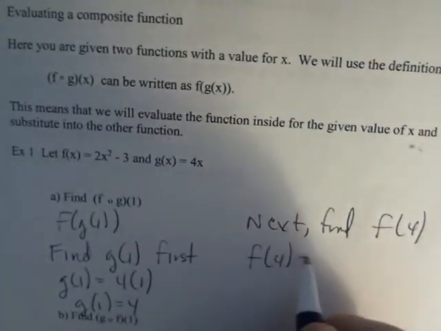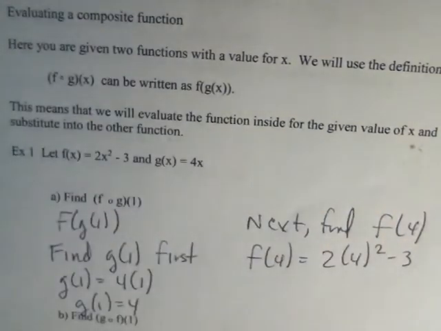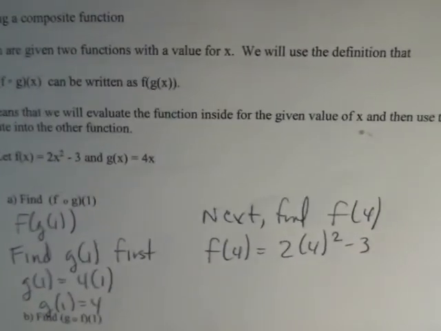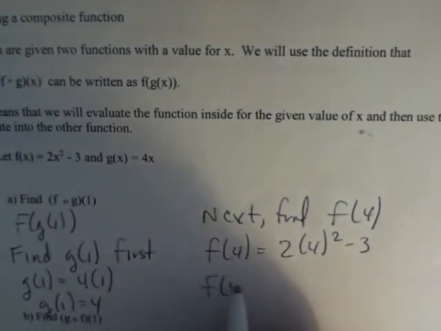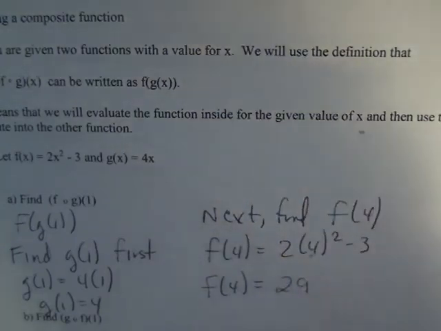So f of 4 is 2 times 4 squared minus 3. Use your calculator for this. Enter it in just like you see it here, because 4 squared is 16 times 2 is 32 minus 3 is 29.